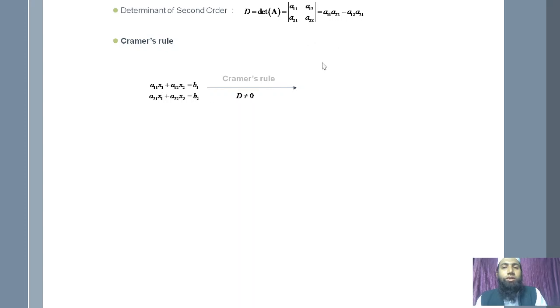We'll just change the first column by b1, b2 in place of a11, a21. ये फर्स्ट कॉलम को हम रिप्लेस करेंगे ये जो राइट हैंड साइड के कोएफिशिएंट्स है b1, b2 और इसको न्यूमरेटर में, इसको डिनोमिनेटर में हमारा जो ऑलरेडी हमने डिटरमिनेंट कैलकुलेट किया है, और x2 को किस तरह फाइंड आउट करेंगे? सेम यहाँ पे x2 के कोएफिशिएंट वो a12, a22 यहाँ पे जो डिटरमिनेंट में एग्जिस्ट है इसको रिप्लेस करेंगे b1, b2. So this determinant already we know how to solve, a11 into b2, b1 into a21.